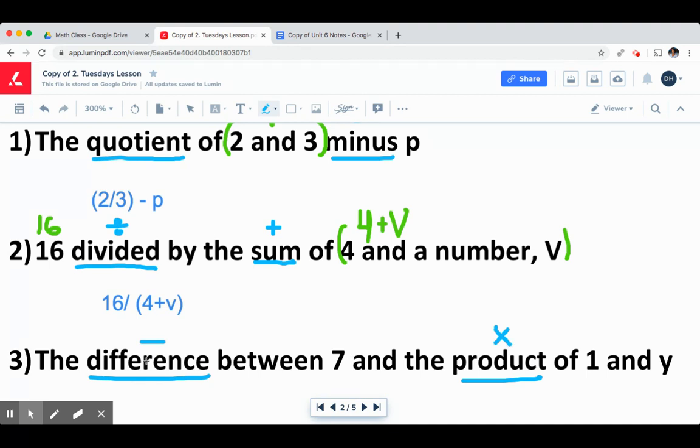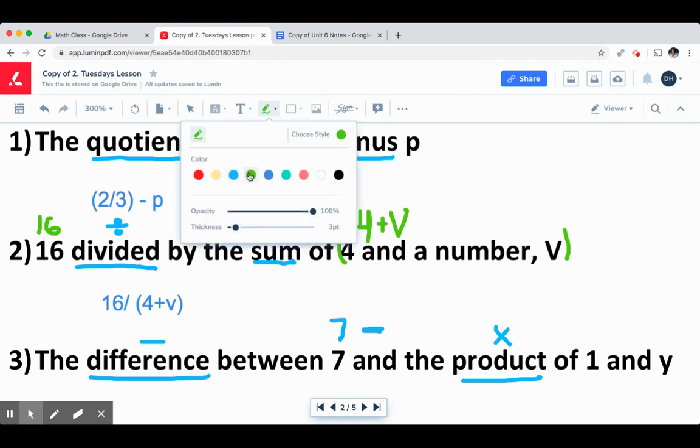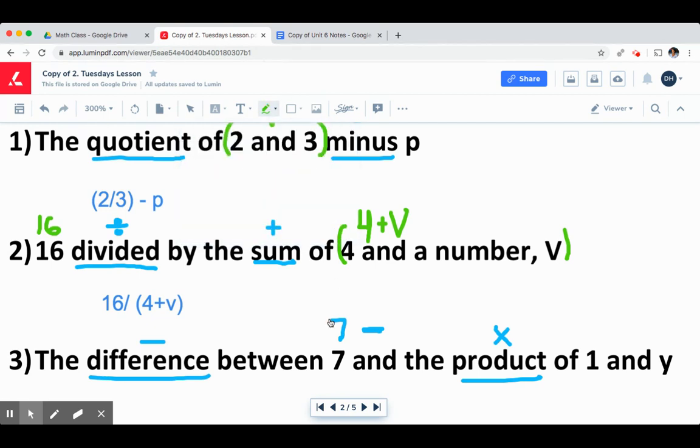So the phrase says the difference between 7 and the product of 1 and y. So I know I'm finding the difference between 7 and something, but I don't know what yet. So I can write 7 minus, but that's all I know just yet. The rest of the phrase says, the product of 1 and y. So because it says the product of, I know that I'm going to be multiplying 1 and y.